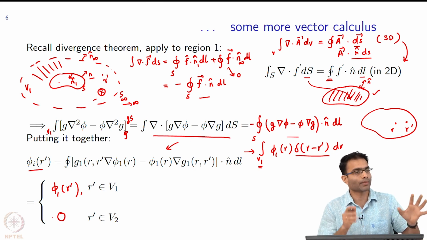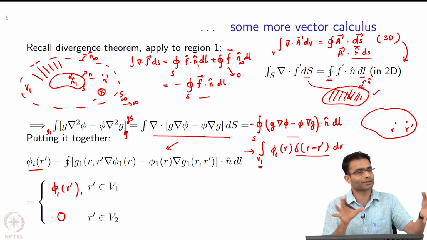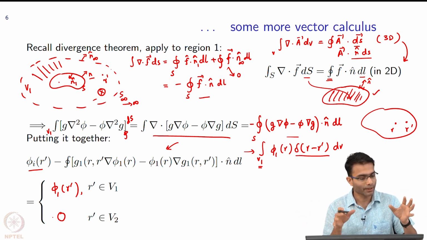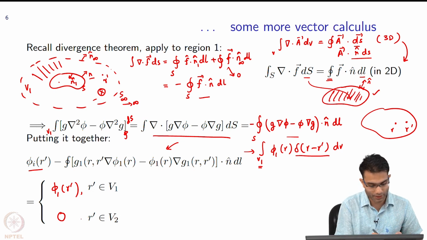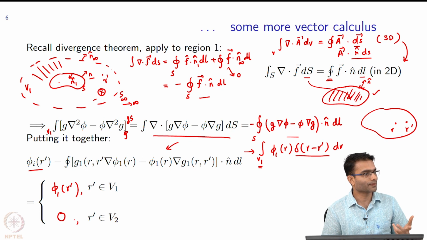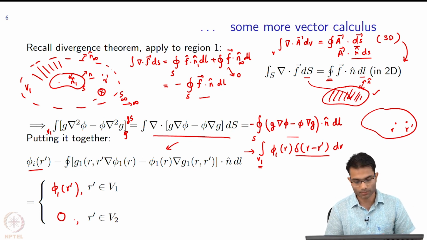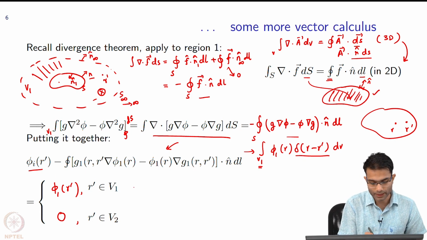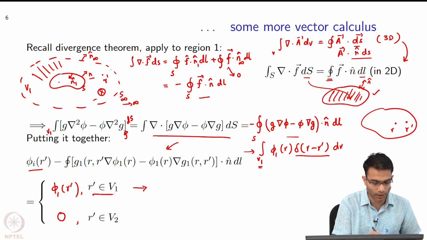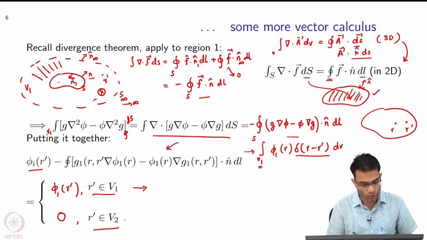So, you can see how Maxwell's equations and vector calculus sort of go like a dance almost, helping each other along the way. We have come to this final equation over here, right, and in the subsequent slides we will give a very beautiful physical interpretation to it. Okay. So, we will talk about that subsequently. There are actually two equations over here. One is when r prime belongs to V1, and the second is r prime belongs to V2.